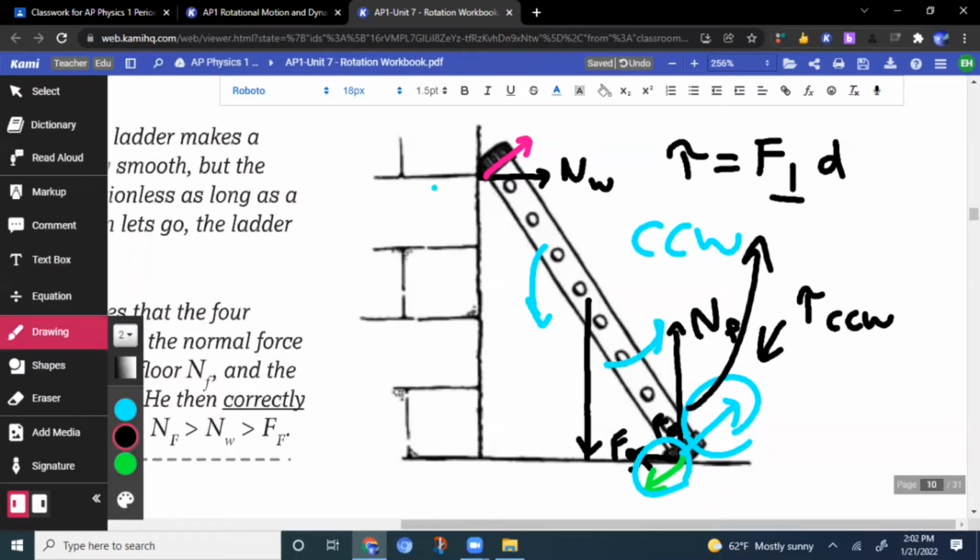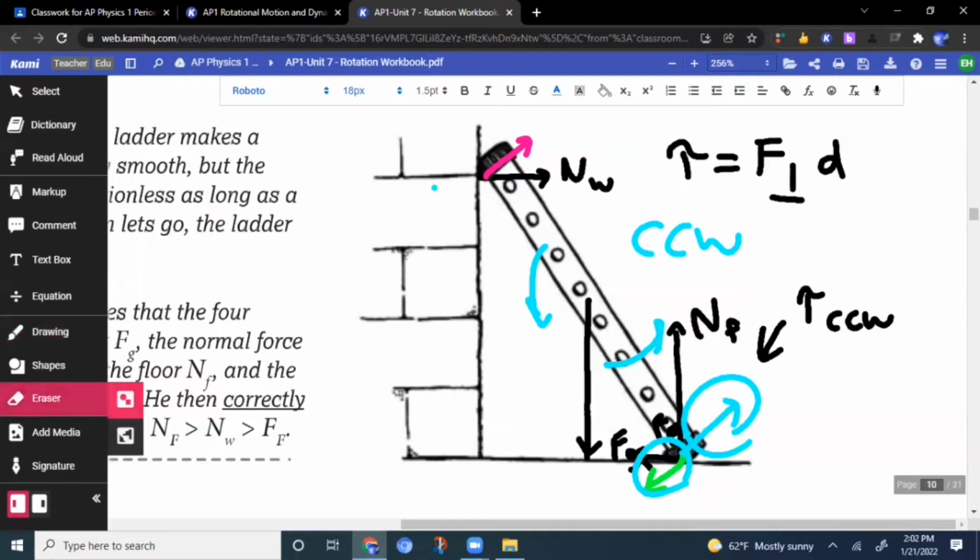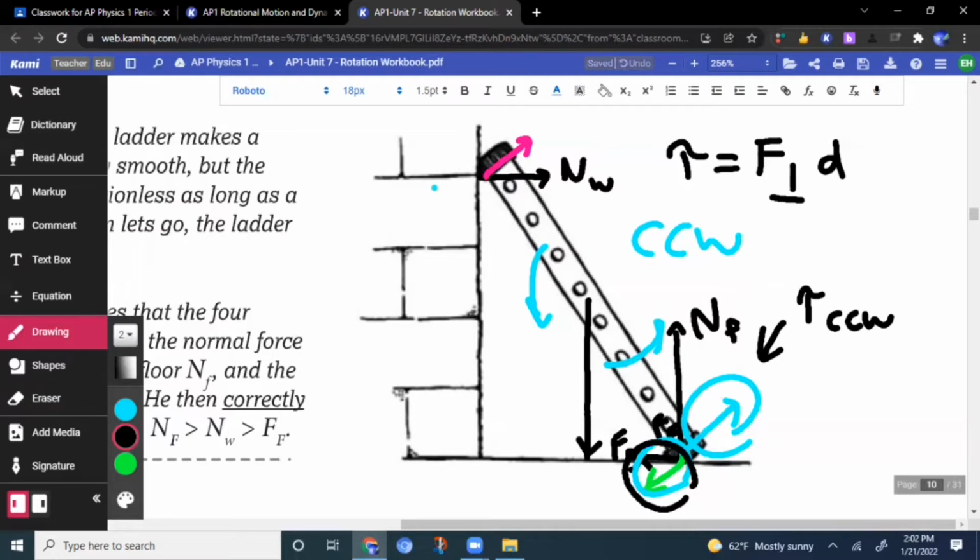Just look at the meter stick. Watch it as it falls. As this thing, doesn't this end right here rotate that way? Yeah, that works. But then what is this force right here? What's that causing?